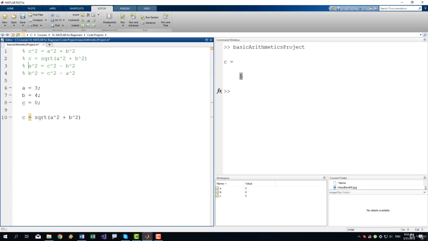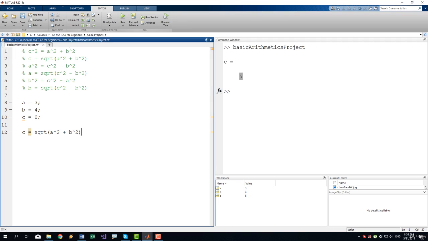Now, if we square root both sides of these equations just like we did here, we will end up with the following equations: a equals sqrt of c squared minus b squared, and b equals sqrt of c squared minus a squared. As you can see here, I'm using comments to write my equations to help myself while I'm writing the code.